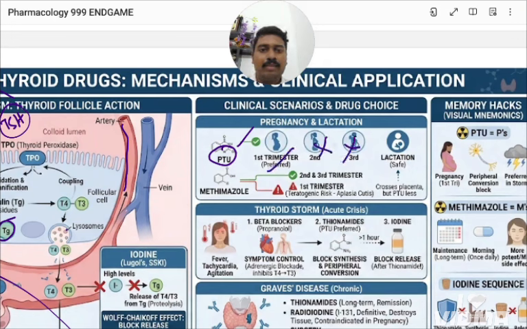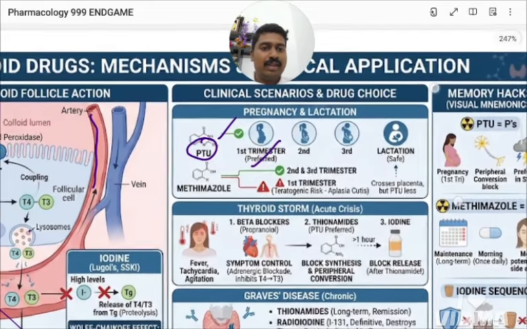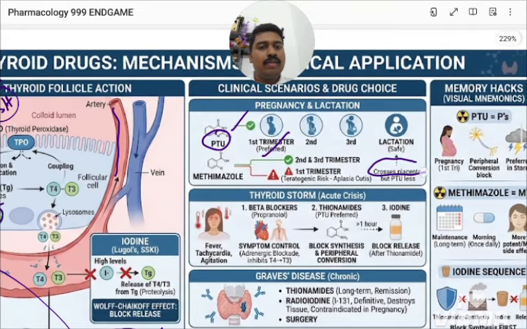In the second and third trimester it is not preferred because propylthiouracil has a higher risk of hepatotoxicity, liver toxicity. So if anyone asks you which antithyroid drug to give in pregnancy, it totally depends on which trimester the woman is in. Both cross the placenta, but propylthiouracil crosses less. That's why during lactation, PTU is safer compared to methimazole.